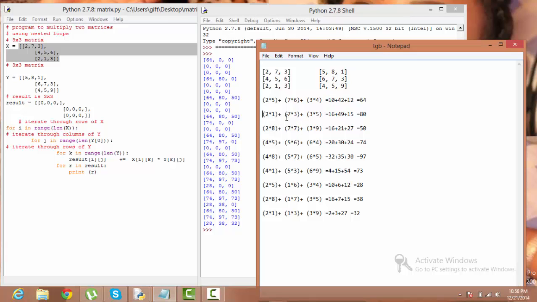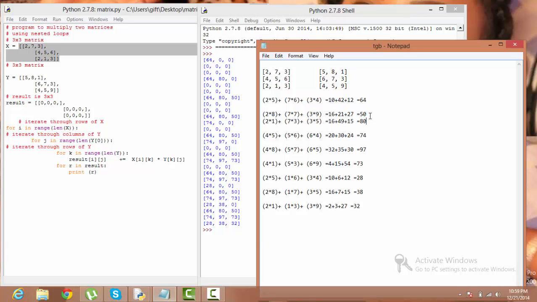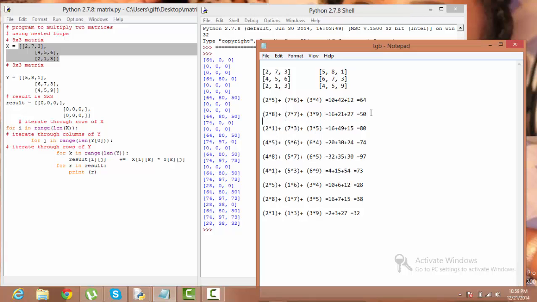Oh, here I made a little mistake, but I just swapped it. So what I did here was, these same numbers on the first row of the first matrix, we will still use these numbers to multiply on the second column of the second matrix.